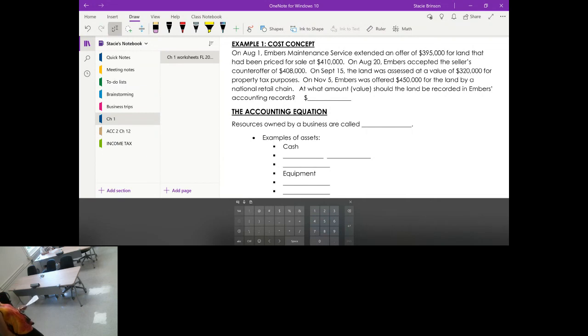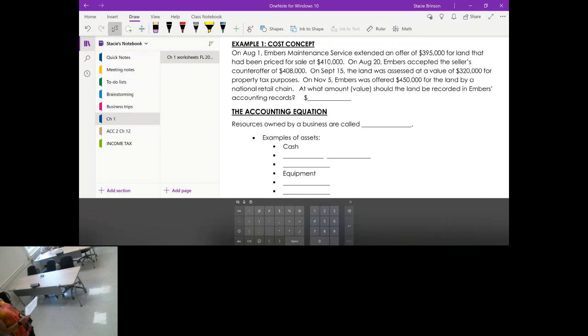So apparently they went in and offered $395,000, and the seller said, nah, but we'll sell it to you for $408,000. And they said, okay, sold. Does that make sense? I think sometimes the textbook publishers take for granted that y'all have heard all this stuff before, unless you watch Flip or Flop or one of those things.